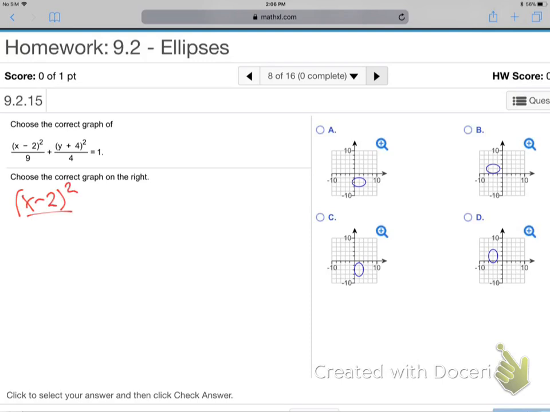X minus 2 squared over 9 plus y plus 4 squared over 4 equals 1. All right, want to try it? Same kind of thing. Find the new center, opposite, opposite of what's in the parentheses. It's already got the 1 on the right side, so we don't have to mess around with that.